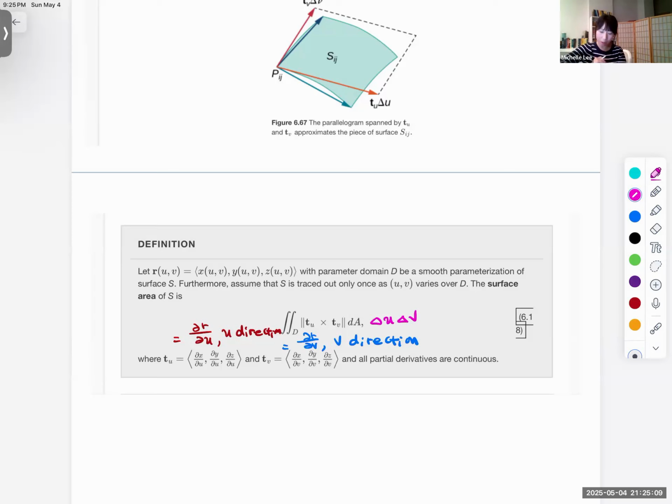So height times width. So we need the tangent vector in u. That is dr over du, which is the partial derivative with respect to u. So r has x, y, z. So we can express the partial derivative with respect to u from the x equation, the partial derivative with respect to u from the y equation, and the partial derivative with respect to u from the z equation. Make sense?